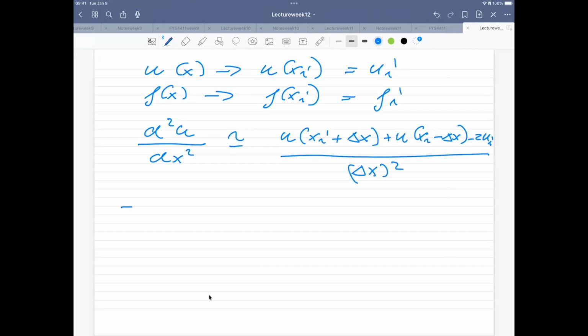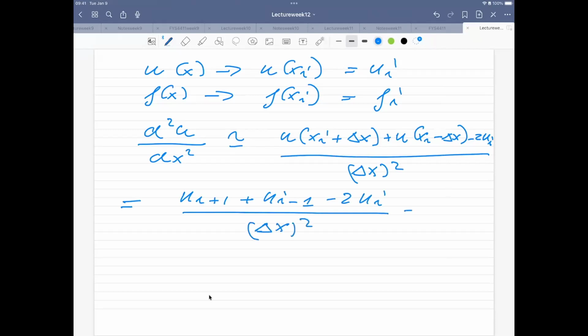I'm going to write this as u_(i+1), one step to the right, u_(i-1), one step to the left of the center value, the center value being u_i, divided by delta x squared. And this quantity is equal to f_i.